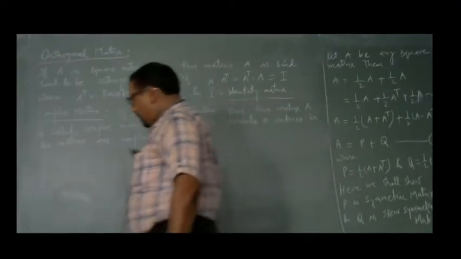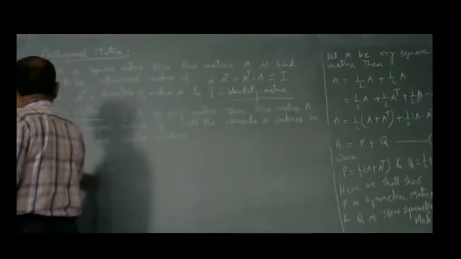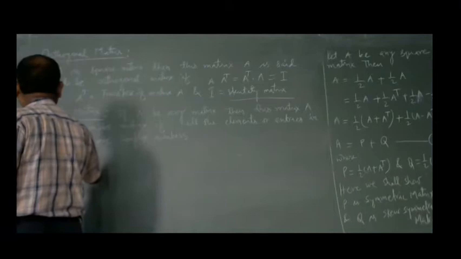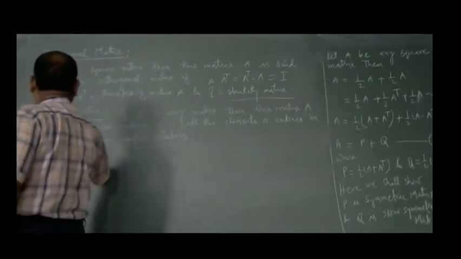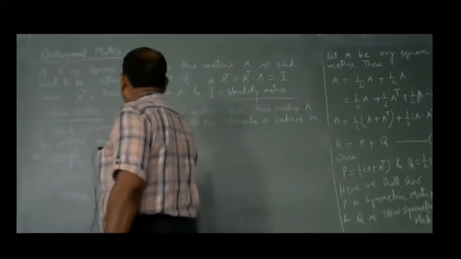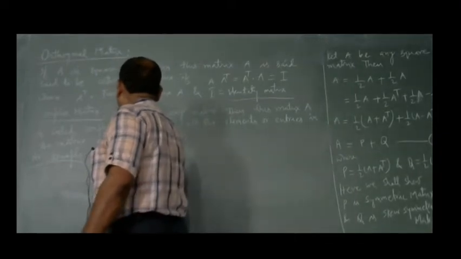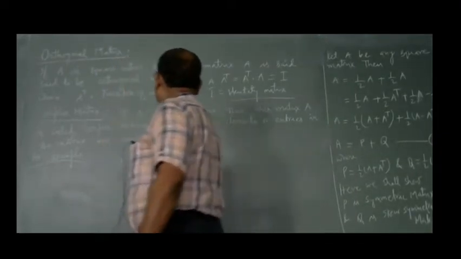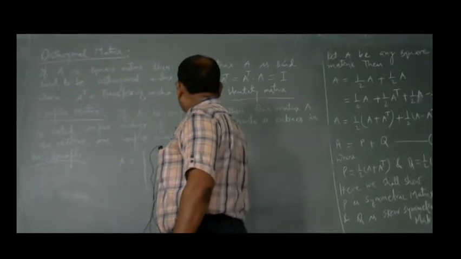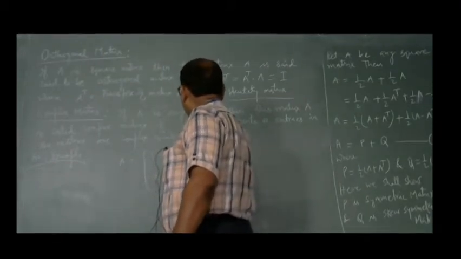For example, A is equal to [1 minus i, 0; 0, 1 plus i].